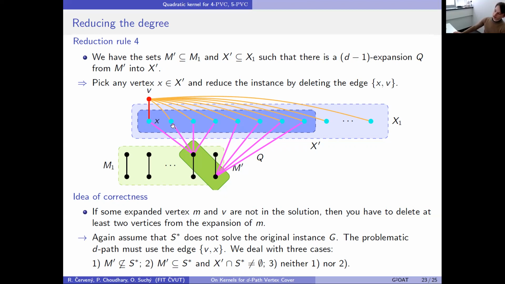Then you can see that the solution must delete at least 2 of these vertices in the expansion. If it did not do that, there would be some paths in the reduced instance, and the solution would not be a solution, a contradiction. Once you solve these 3 cases, in all of them we are able to somehow modify the solution, and the reduction rule works.